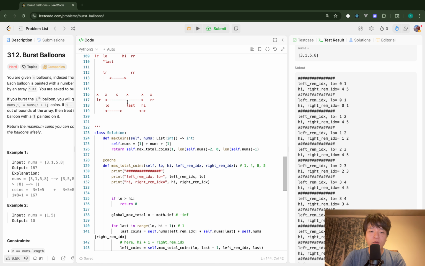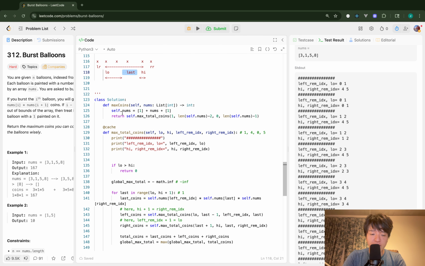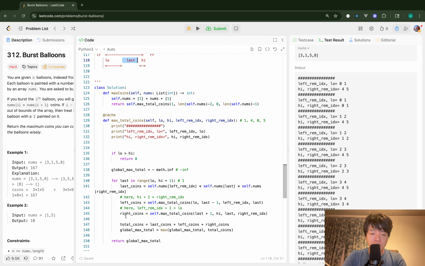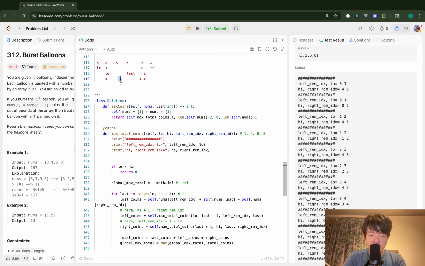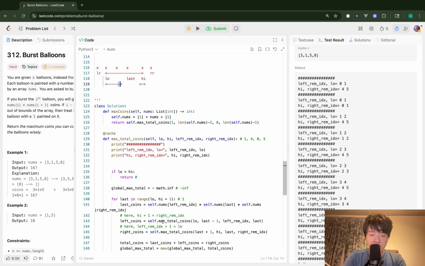So what I can say is when I split it here, then on the left hand side, the high plus 1 is the right remaining index. Because for this range, low is LR plus 1 and RR is high plus 1.